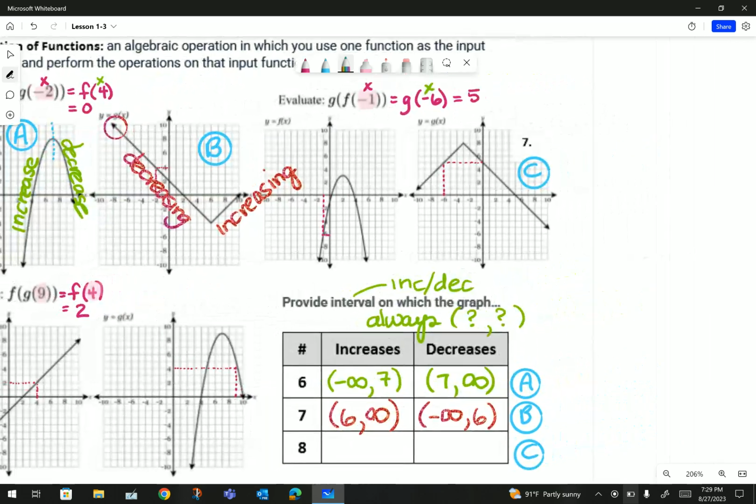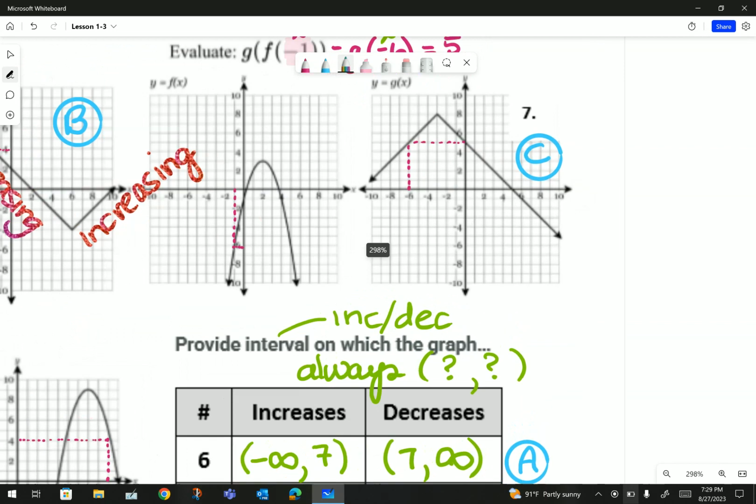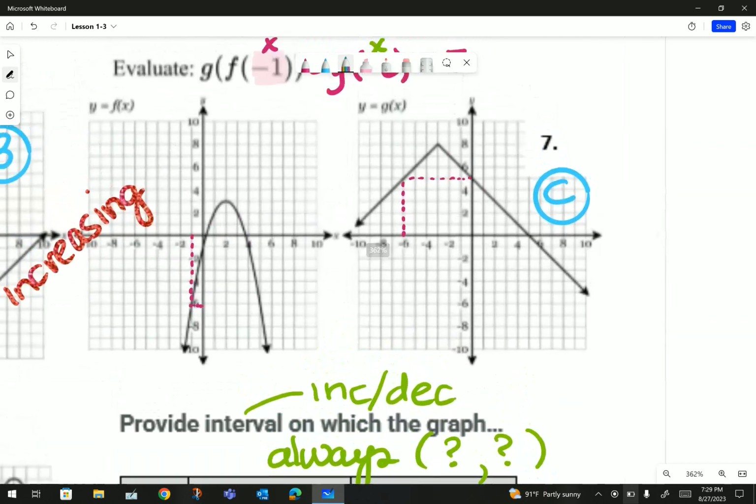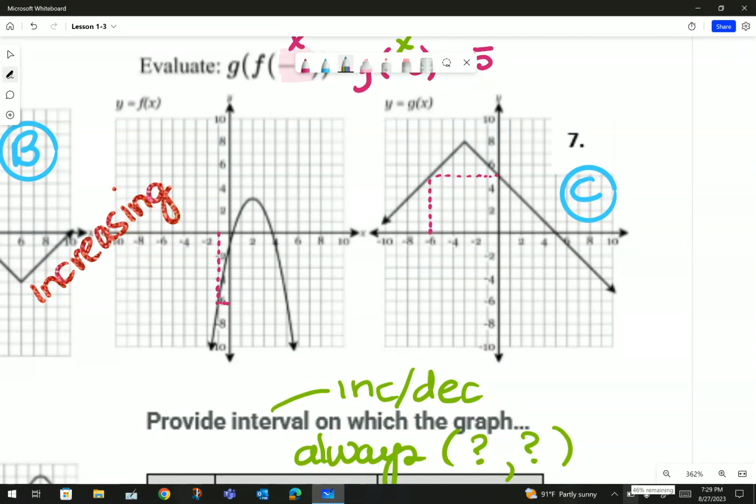Okay? All right, I want you to do the last one, number 8. Pause the video and you work on number 8. Where is it increasing and decreasing? Okay, you're back. Let's check. So, the furthest left of the graph is here. We read graphs just like we read a sentence off a page. Start from the left. So from here to here, something happened. And then from here to here, something happened.